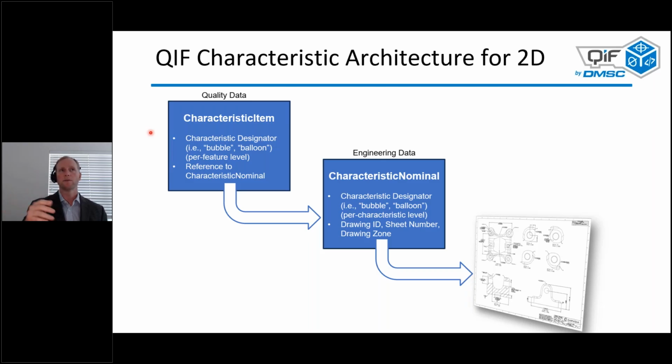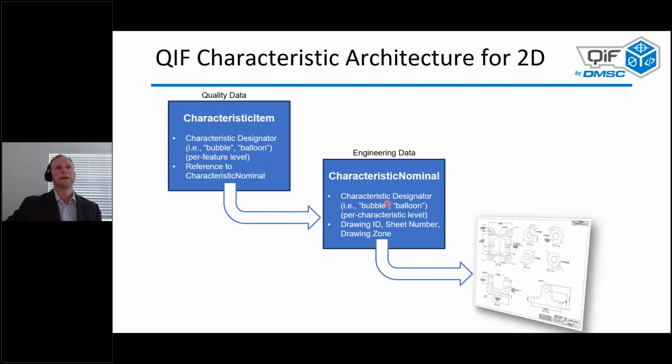It might be 22.1, 22.2, 22.3, something like that. The characteristic item references the characteristic nominal. You'll have 1 characteristic nominal per annotation that you have. So in the case of the 3x diameter, you're going to have 1 characteristic nominal, and it would be balloon number 22.